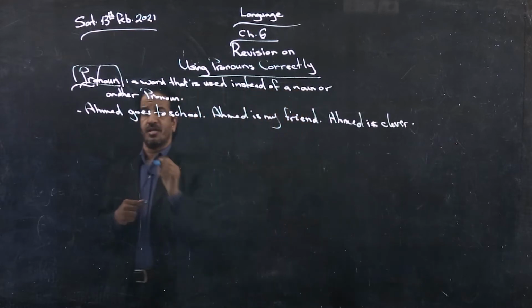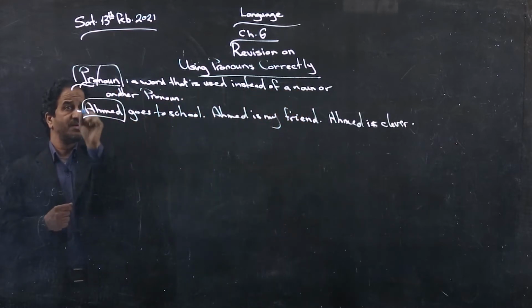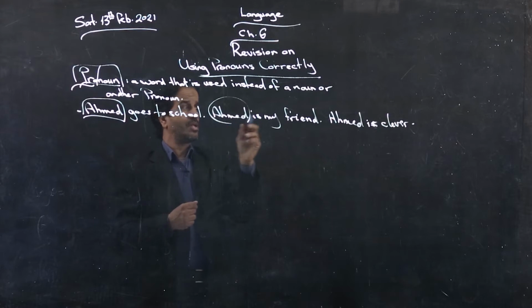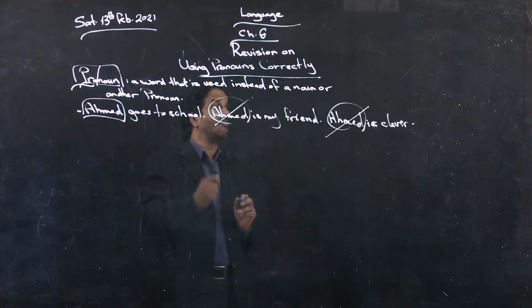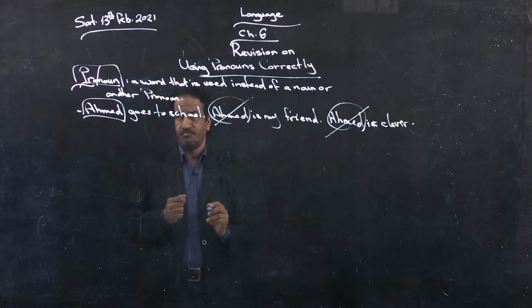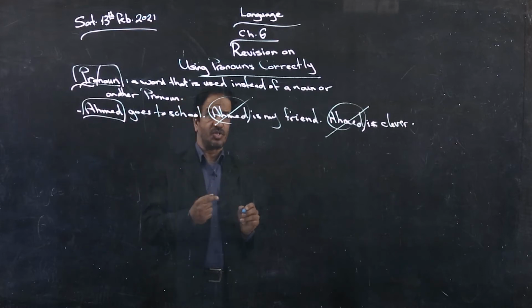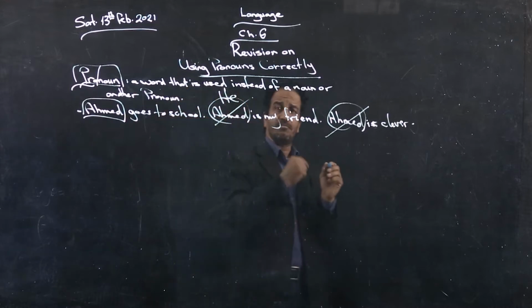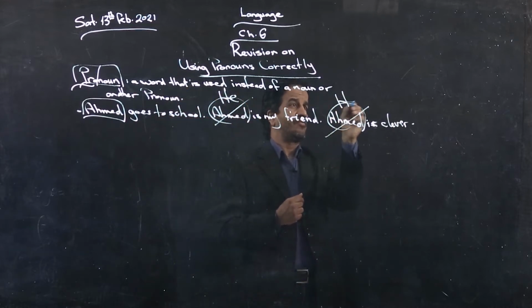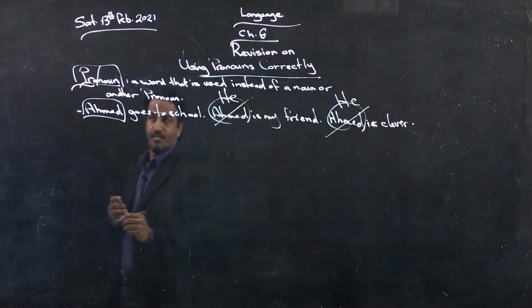Here we can see that there is a noun at the beginning, Ahmed. I will repeat Ahmed, then another Ahmed. To avoid this repetition, we use something called a pronoun. We say Ahmed goes to school, he is my friend, he is clever. That's the pronoun.